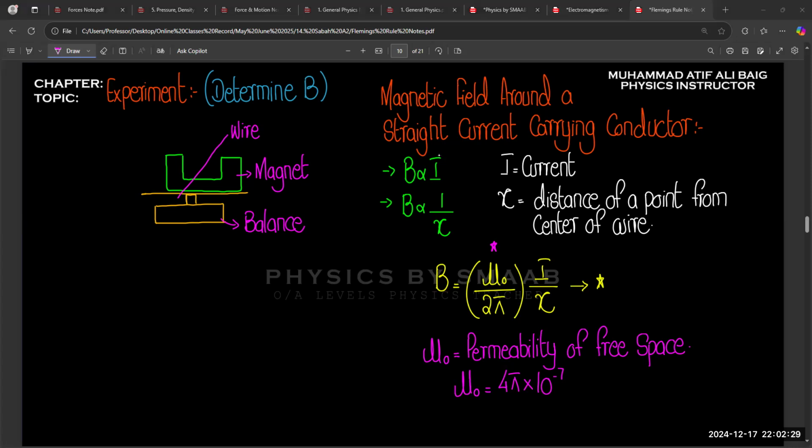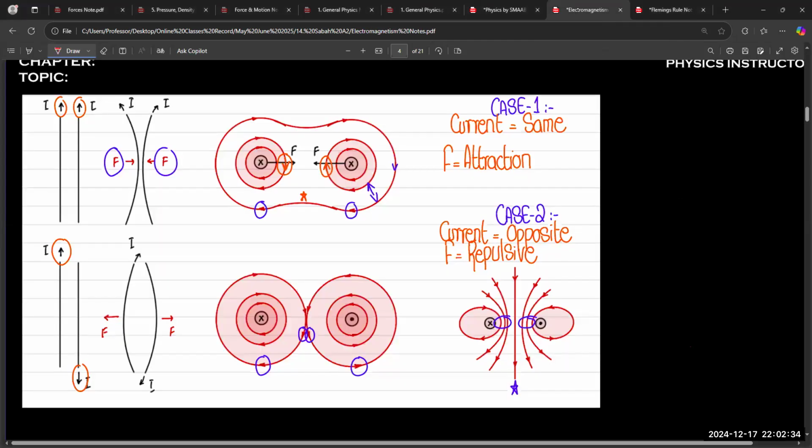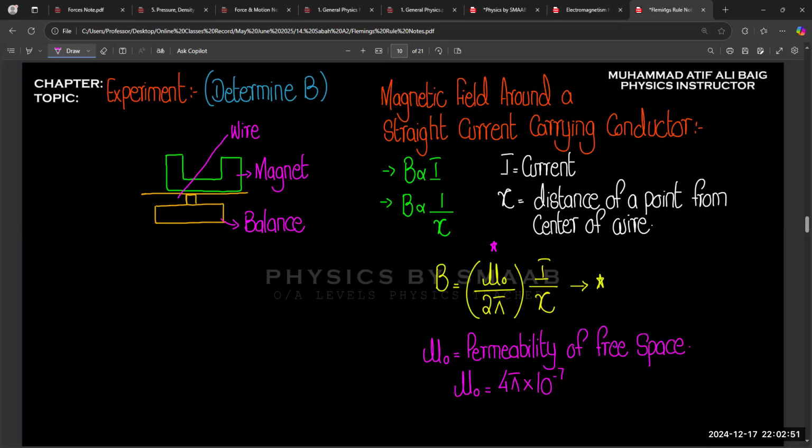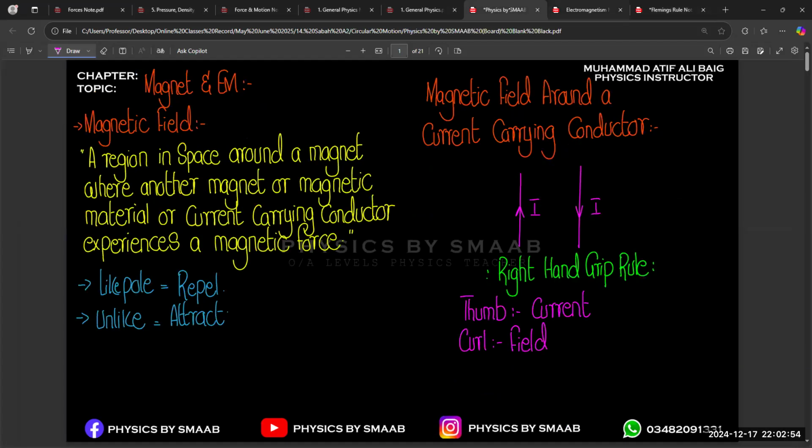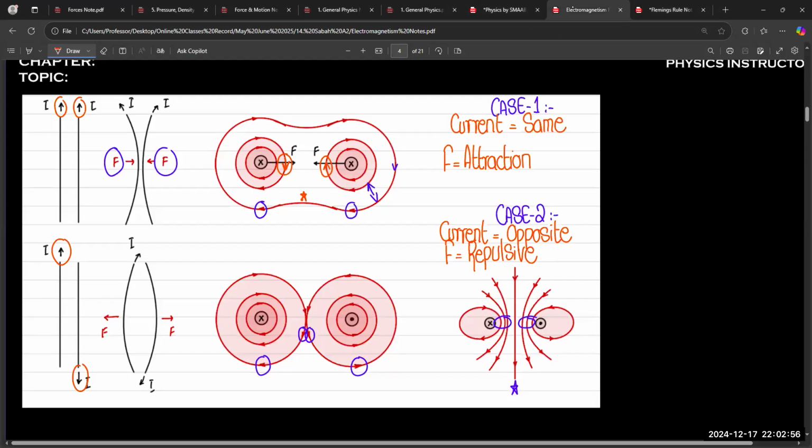But let's suppose you consider the situation when two wires are close to each other, just like this. In this scenario, we also discussed that a magnetic field acts around it. And when the magnetic field acts around it, we get either a force of attraction or a force of repulsion, right? But again, in this scenario, we only identify the direction of force. We never identified the formula to calculate the quantity of the force.